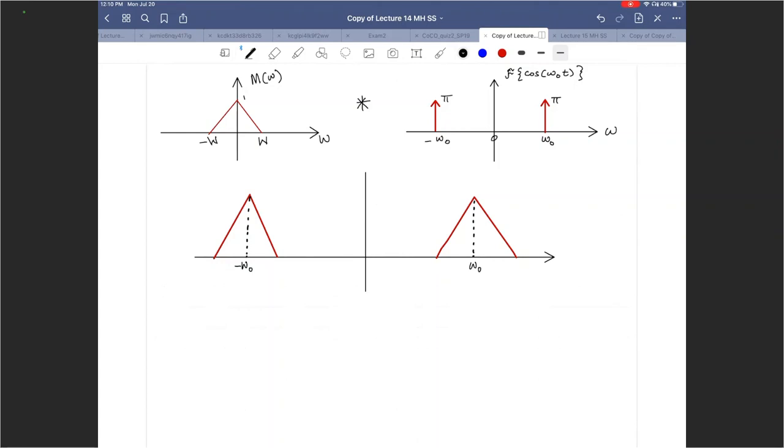And this point is going to be what? Omega naught plus W, omega naught minus W. What is this? Minus omega naught plus W, minus omega naught minus W. What is the height?